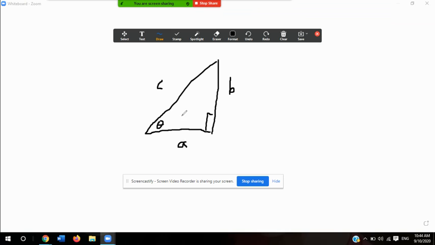So for example, if this is my reference angle, one of the trigonometric functions that I use is called sine. It's abbreviated SIN, although it's spelled SINE, and sine is defined as opposite over hypotenuse.